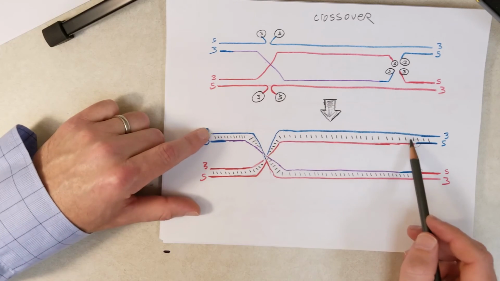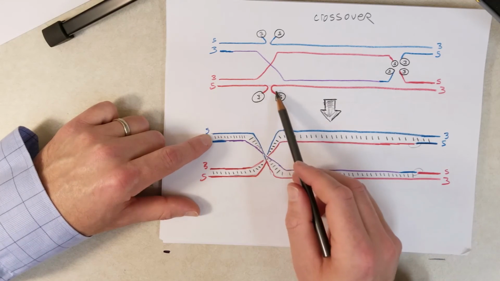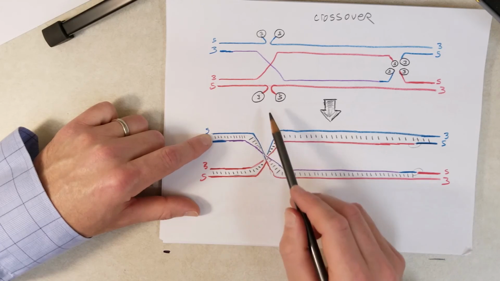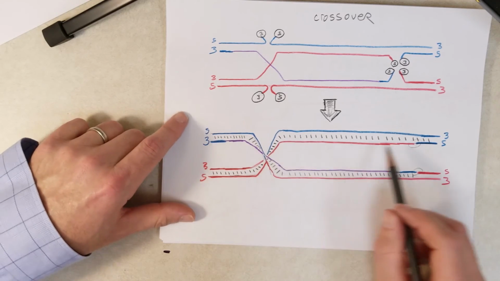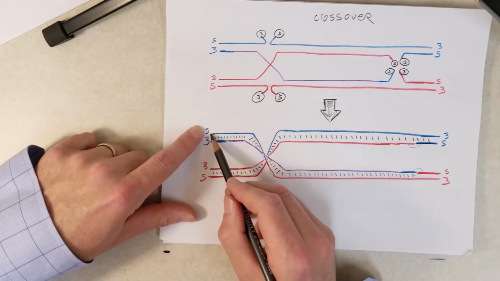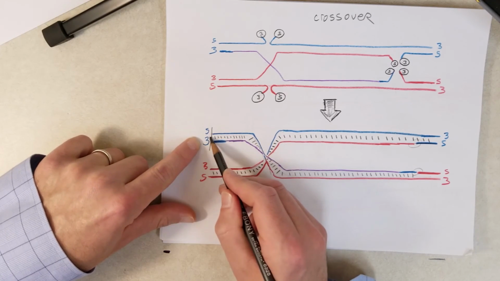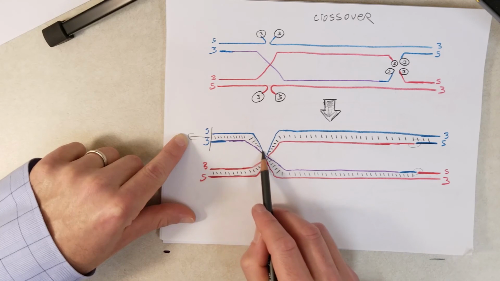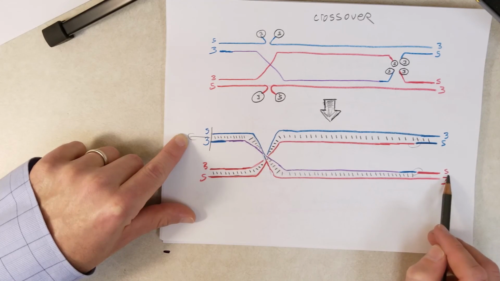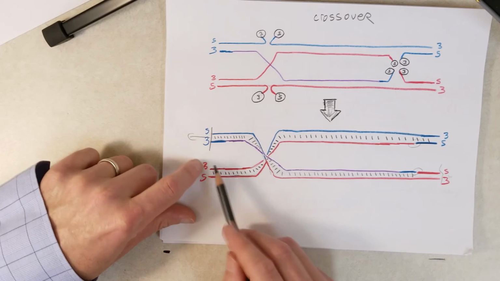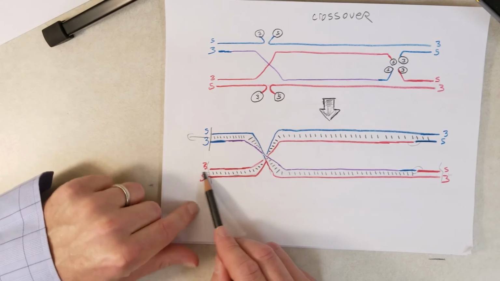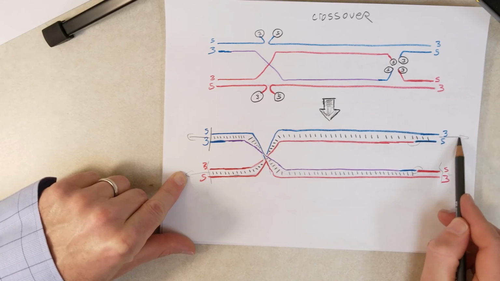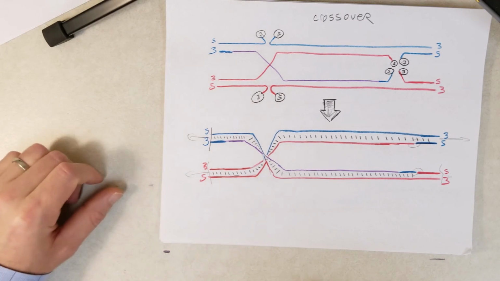So after ligase comes in and seals up those broken phosphodiester bonds in this particular pattern, we can see that a crossover has occurred, right? So here's the remaining part of the blue chromosome over here to the left. We follow that. It's now linked to the red chromosome over here. Same thing for this one. We have the red chromosome going that way. It's now linked to the blue chromosome going that way.